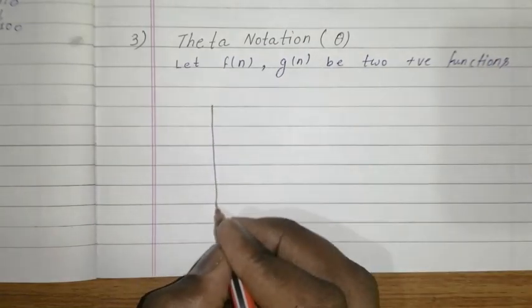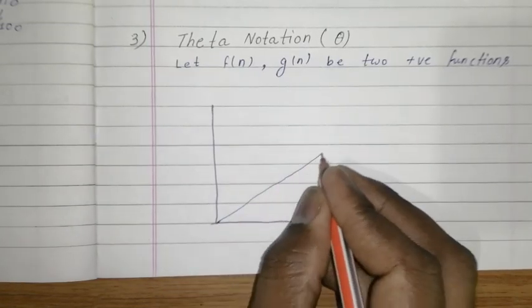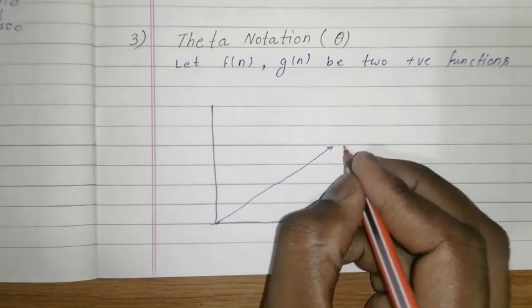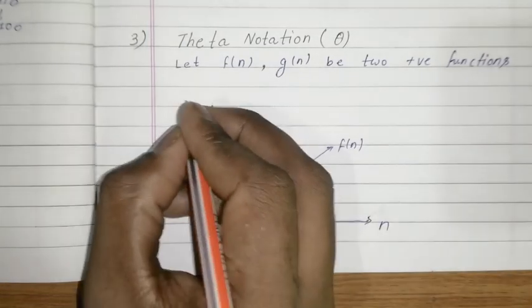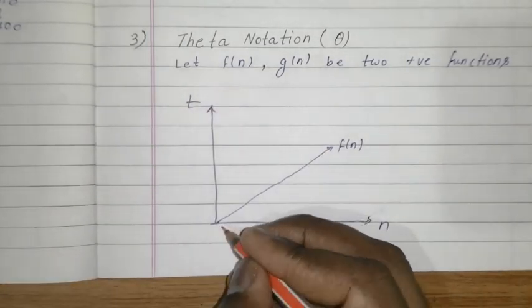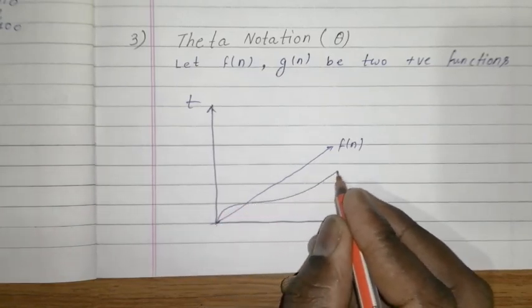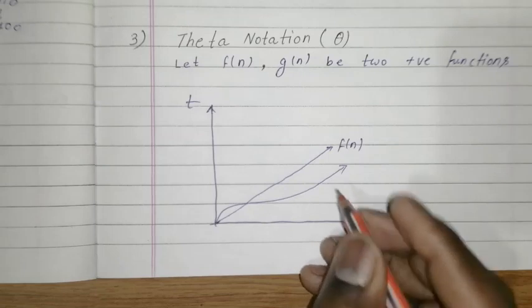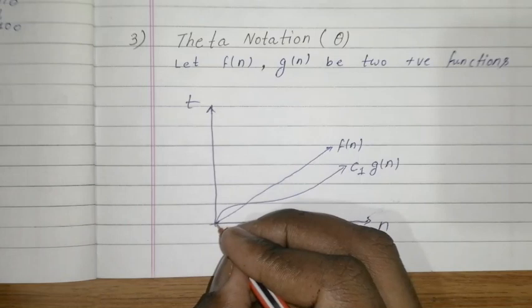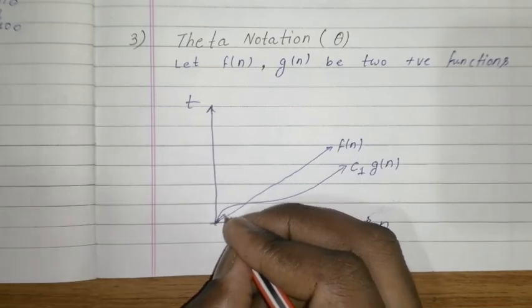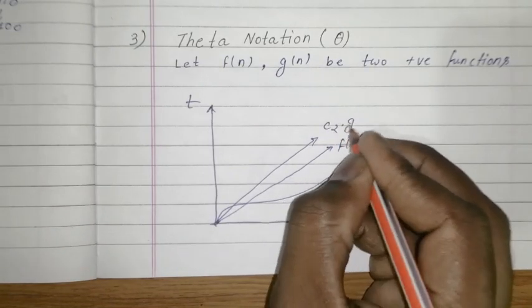So from the graph, if you see, if this is a line of f(n), this is n, and this is t, and if you see, this is C1 of g(n), and this is C2 of g(n).